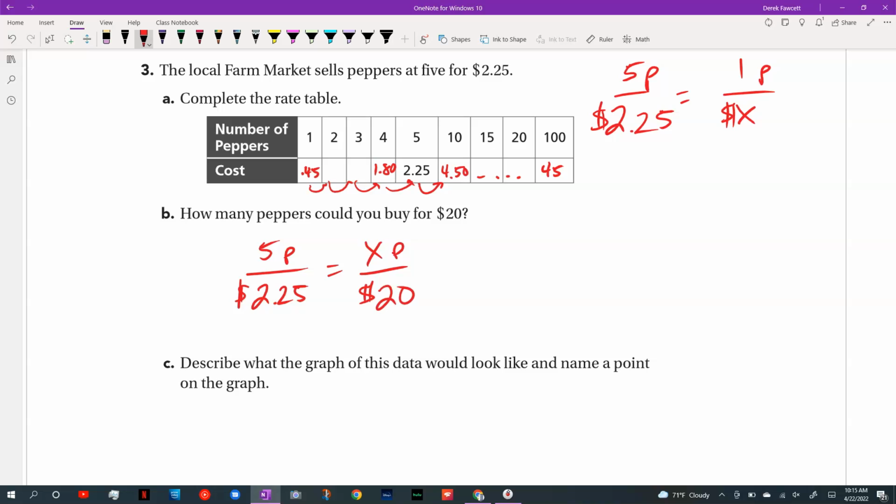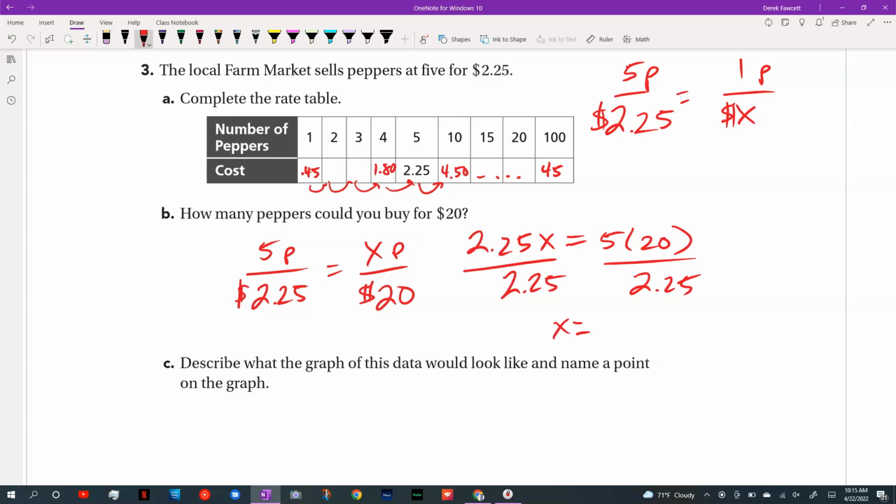So then you could cross multiply, so it would be 2.25x is equal to 5 times 20, and then divide by the 2.25, which would give us that x. And we should have gotten 44 point something, if I remember correctly. So it should be about 44 peppers.